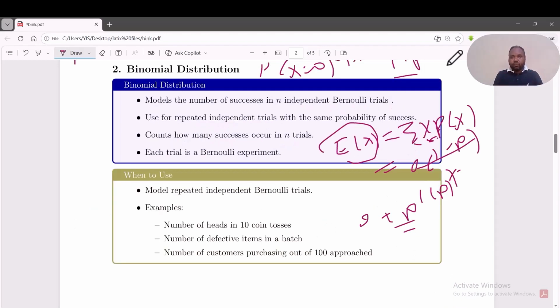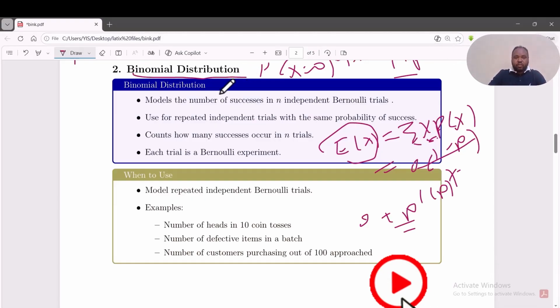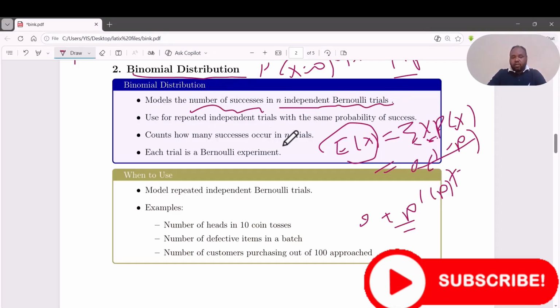The other way of fitting a random experiment with two possible outcomes, but for independent Bernoulli trials, is the binomial model. The binomial distribution models the number of successes in n independent Bernoulli trials. It counts how many successes occur in n trials.